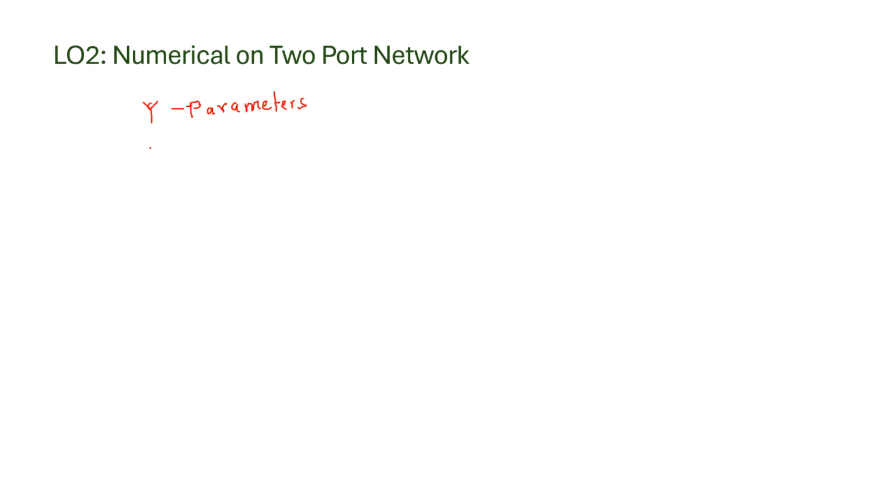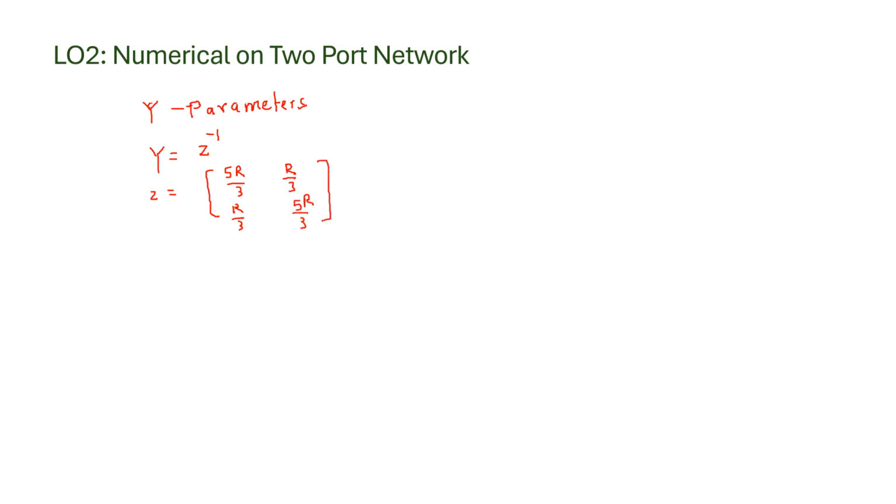What is the Y parameter? Y is equal to Z inverse. Already we found the Z matrix, the Z parameters. Z11 is 5R by 3, this is R by 3, this is R by 3, this is 5R by 3.